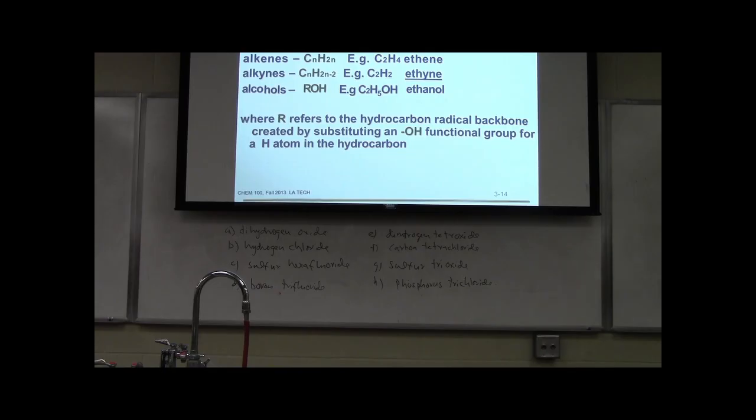There's no other carbon. It will bond with another carbon atom. That's the structural formula. This is the condensed formula. Now, this is the molecular formula. Molecular, structural, condensed.